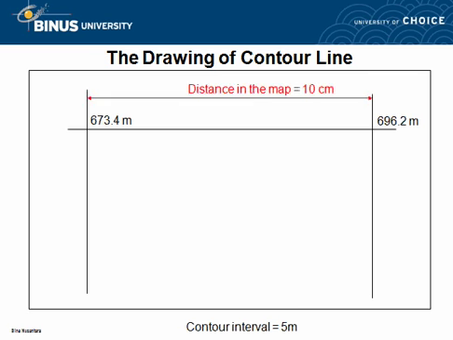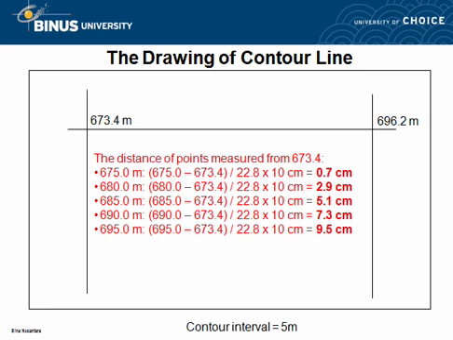And this time in the map we have 10 centimeters, for example, and the altitude differential we get is 22.8 meters. So here's the distance of each point measured from the first point.